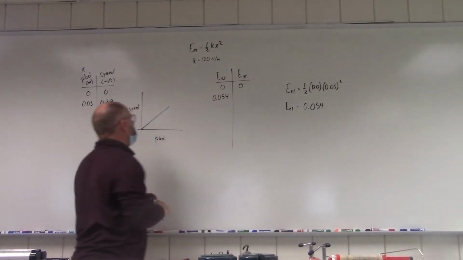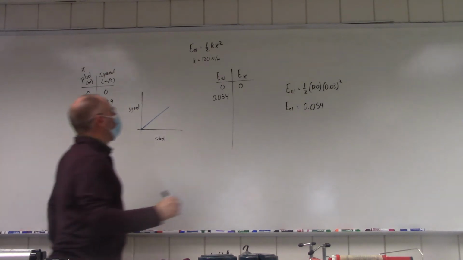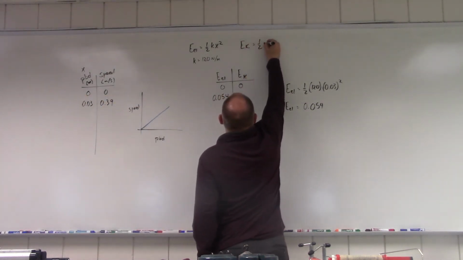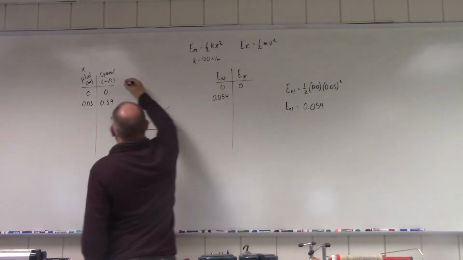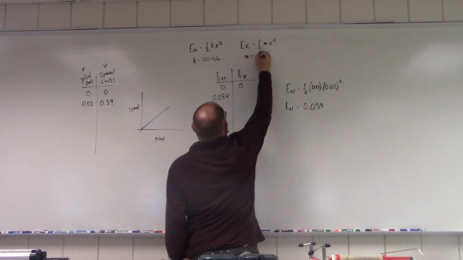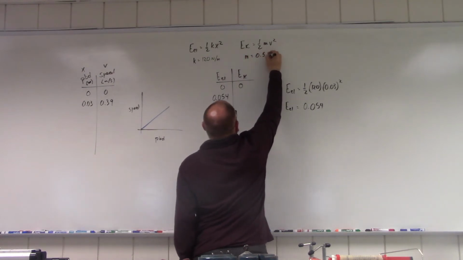Okay. Now, what about the other column? What about the kinetic energy? Well, 1/2 m v squared, where v is the speed, so you're going to get it out of there. And I told you the mass of the car was 0.5 kilograms.